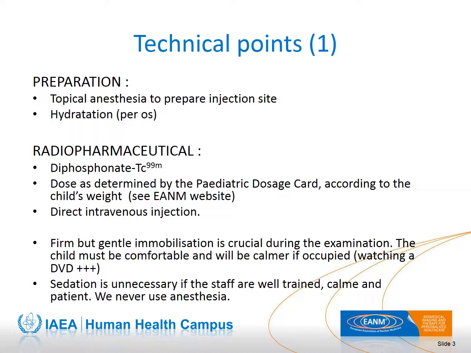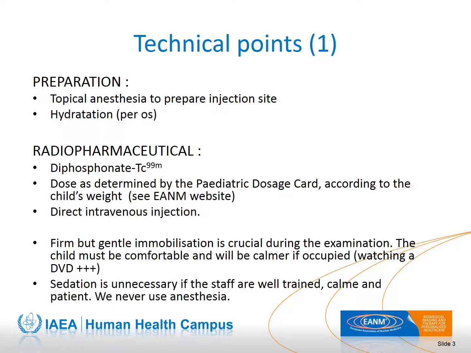First, a few technical points. Before all injections, topical anesthesia is used to avoid pain, for instance with EMLA cream placed on the back of the hand or elbow fold about 90 minutes before the injection. Good hydration with water or milk accelerates tracer elimination.